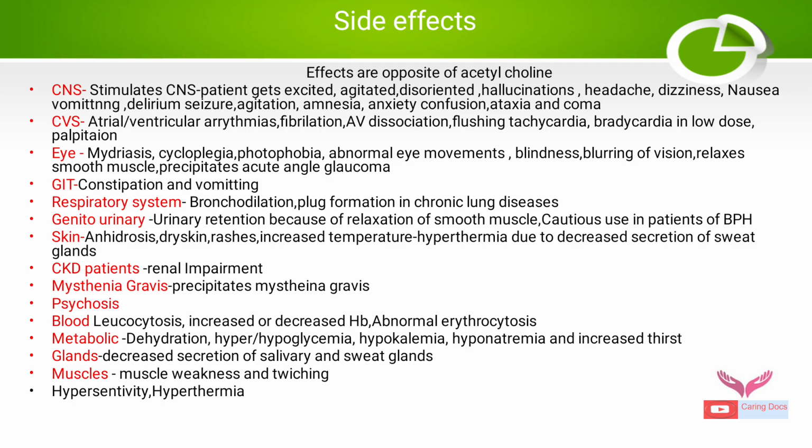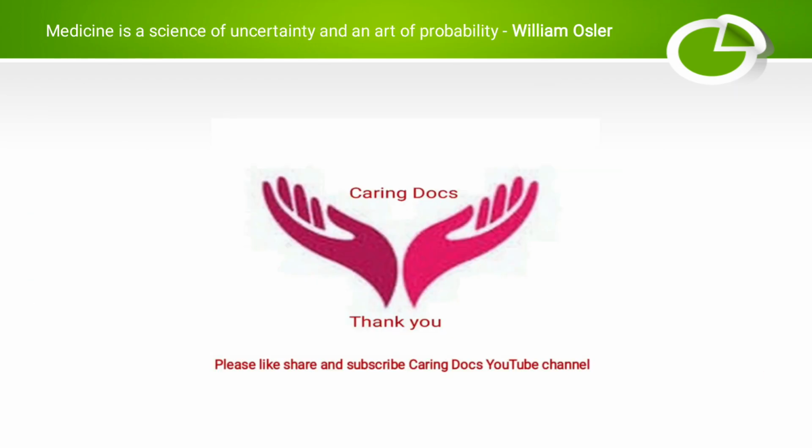Metabolic effects are dehydration, hyper or hypoglycemia, hypokalemia, hyponatremia, and increased thirst. It decreases the secretion of the salivary and sweat glands. It causes muscle twitching, muscle weakness, and in some patients there may be a hypersensitivity reaction, and the patient may have hyperthermia, especially in children. With this, I conclude this topic on atropine.